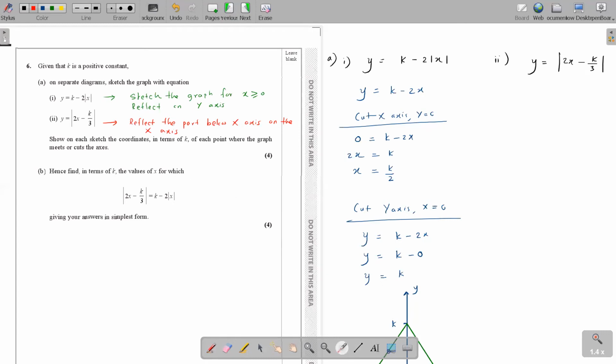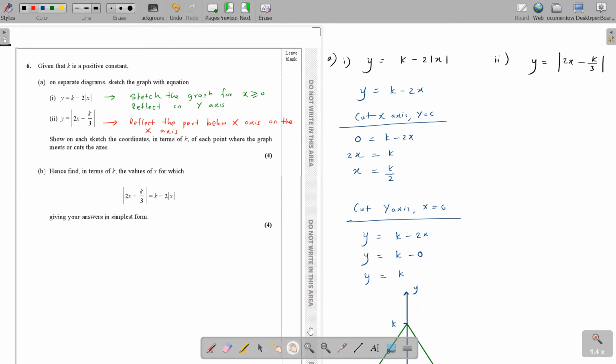The parts of the graph which are originally above the x-axis don't face any change. They will be as they are. But the sections of your graph which go below the x-axis need to be reflected. So below your x-axis you have a full blank. Nothing below the x-axis, everything above the x-axis.